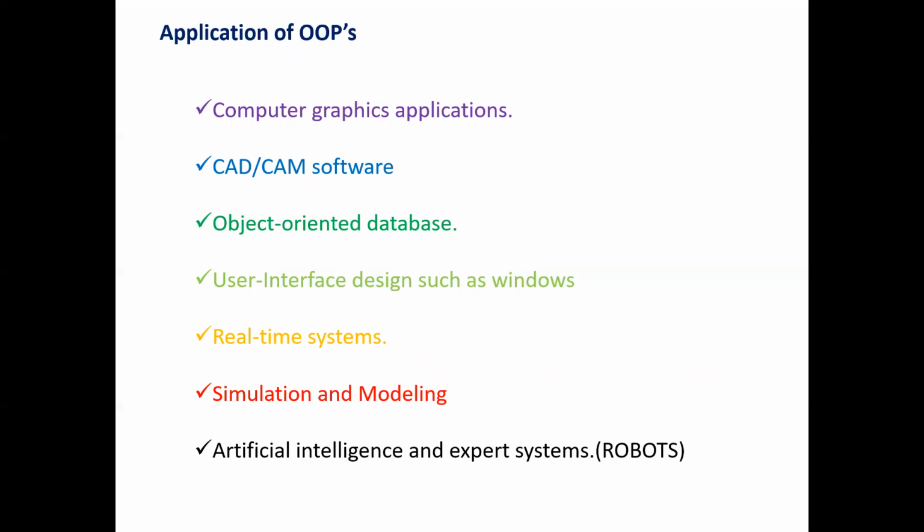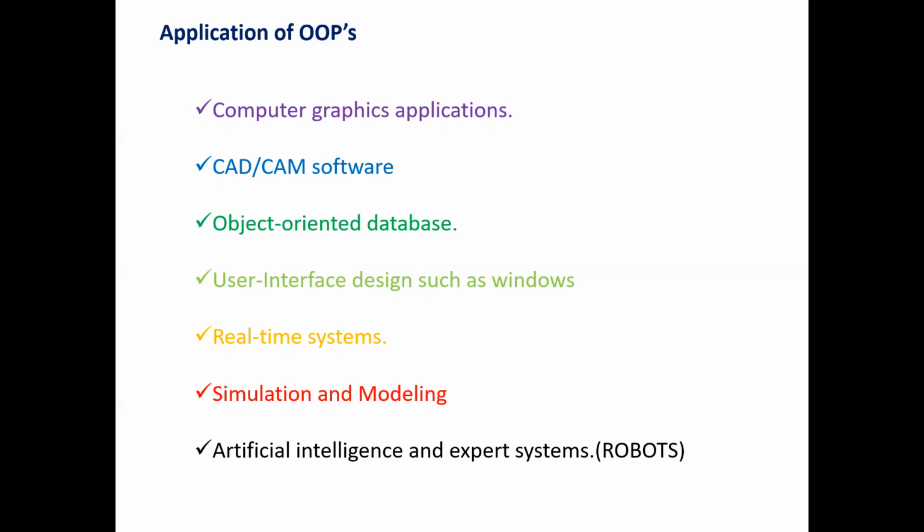First one, that is computer graphics applications. It means it supports graphics software. Object-oriented programming supports graphics application purposes. Example, CAD, CAM software. CAD stands for Computer Aided Designing, and CAM is Computer Aided Manufacturing software.